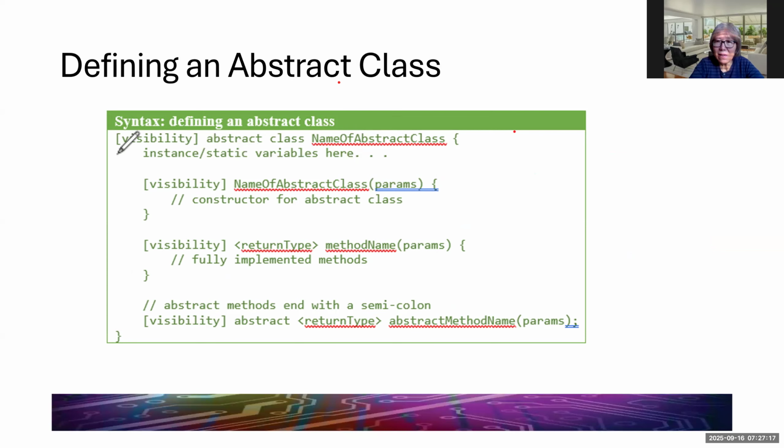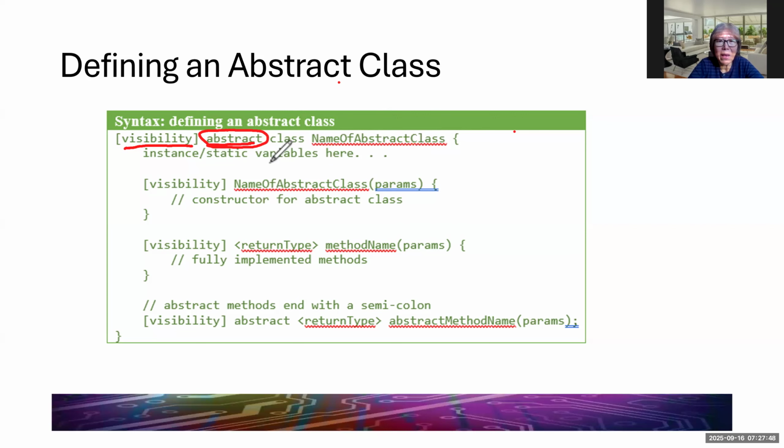And as usual for any class, you need to have the visibility, that's public, private, protected, or without is package private. But for an abstract class, you need to have this keyword abstract to indicate that the class is abstract. The other part is the same for the header.